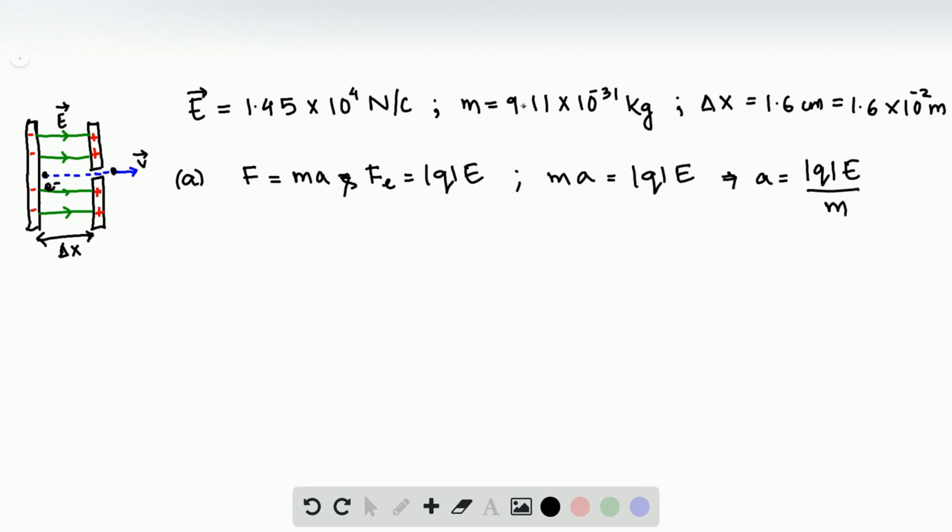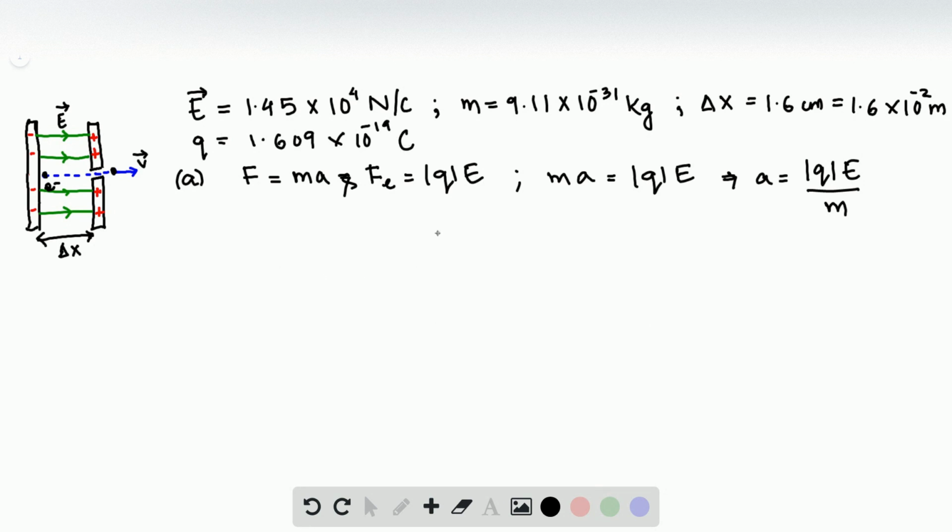And the mass of the electron is given to be 9.11 times 10 to the power minus 31 kgs, and the charge on the electron is 1.609 times 10 to the power minus 19 coulomb.